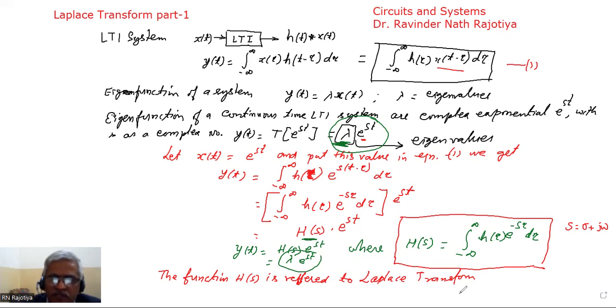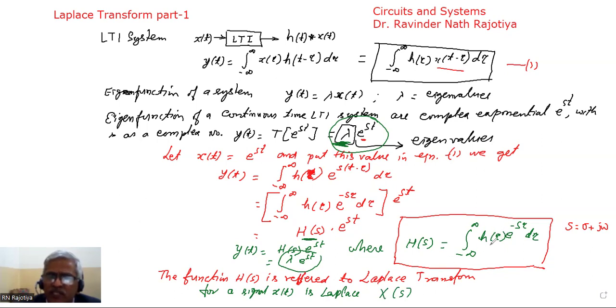Now for a continuous time signal, instead of h(t), if the signal is x(t), then its Laplace transform will be X(s).